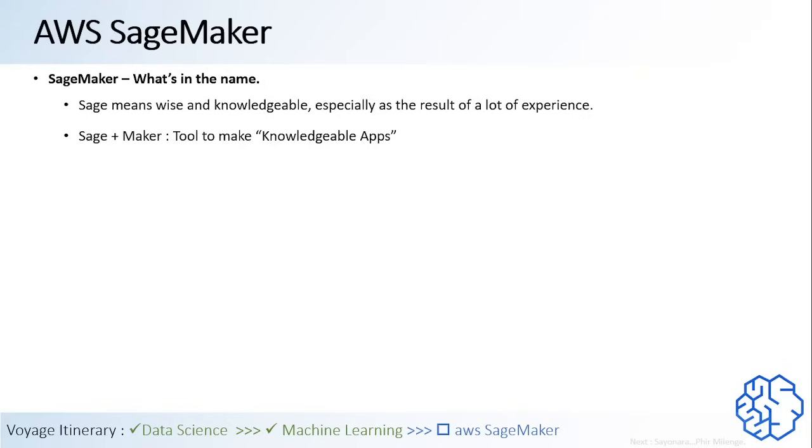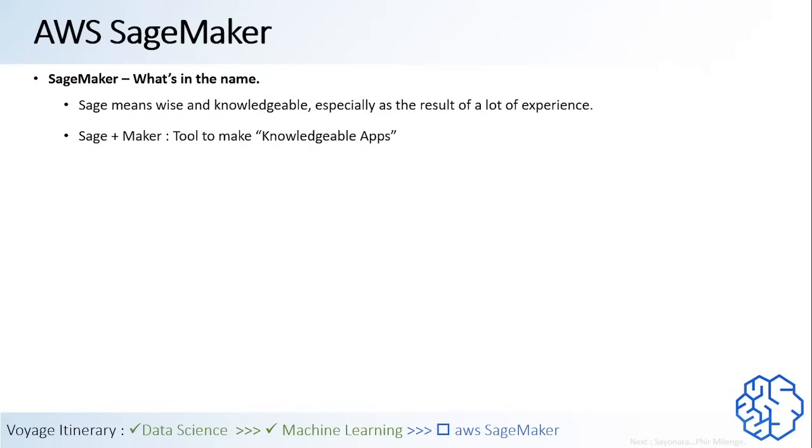Now, SageMaker. This particular tool is going to help you make a sage. A sage is your machine learning program. You can build a knowledgeable program using this tool.